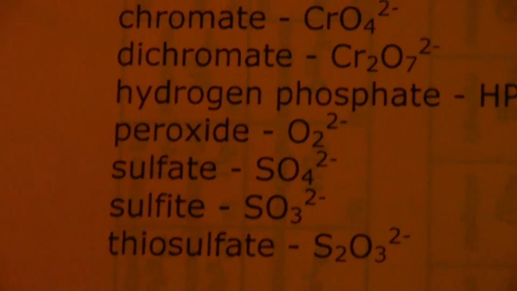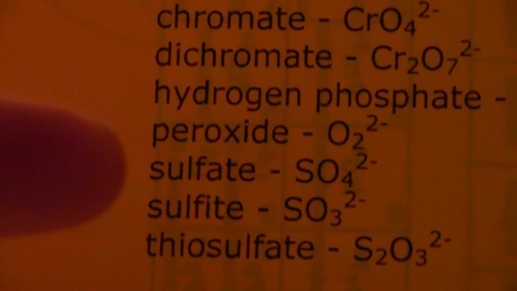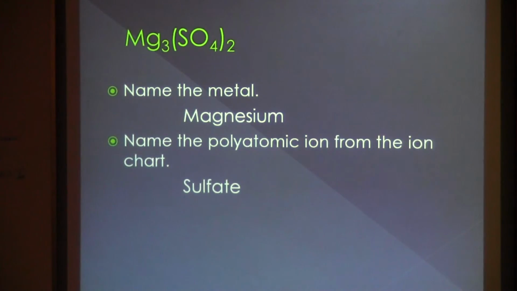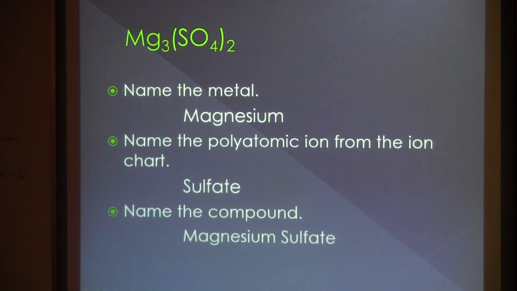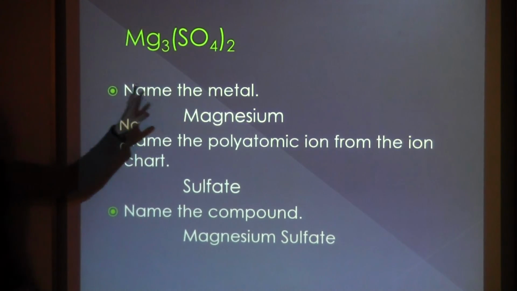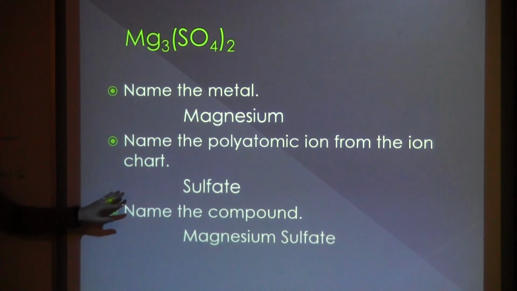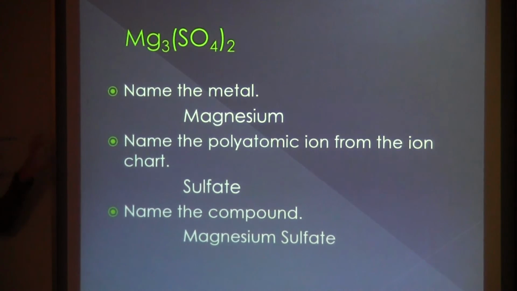Thank you. Magnesium sulfate. Do I have to stick the 3 and the 2 in here somewhere? No, not with an ionic bond. So it is just magnesium sulfate. When we get to covalent bonds, you do have to work with these numbers. So enjoy ionic bonds. You do have to do the charges for the formula.